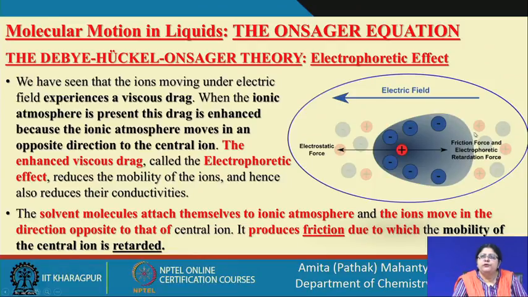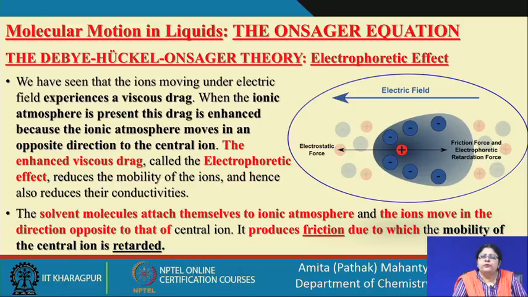The solvent molecules will get attached to it, and then you have the frictional force as well as the electrophoretic force. This enhancement in the viscous drag is what is known as the electrophoretic effect.